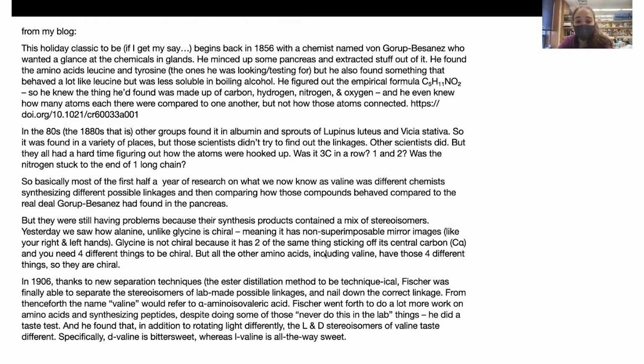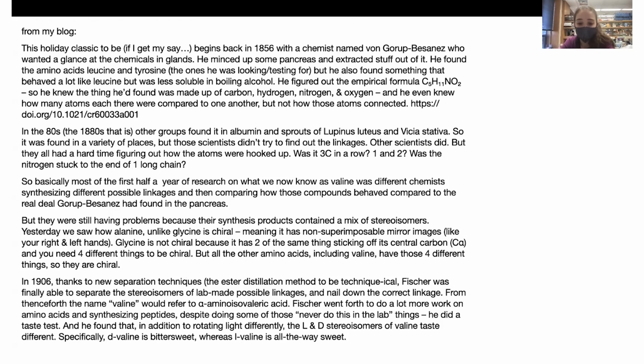And this Fischer, he went on to do a lot more work on amino acids and synthesizing peptides. And he did a lot of good stuff and he did some bad stuff. He tasted his chemicals, which remember, you don't taste things in the lab. But anyway, he did this and he found that the L and D stereoisomers actually taste different.